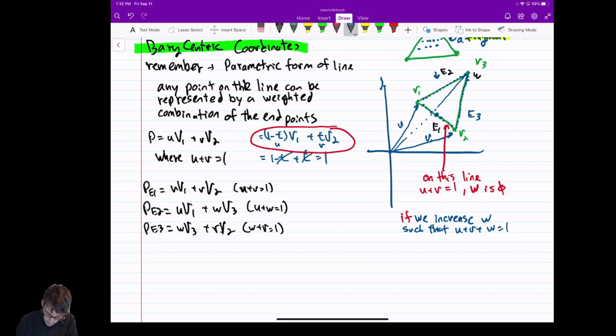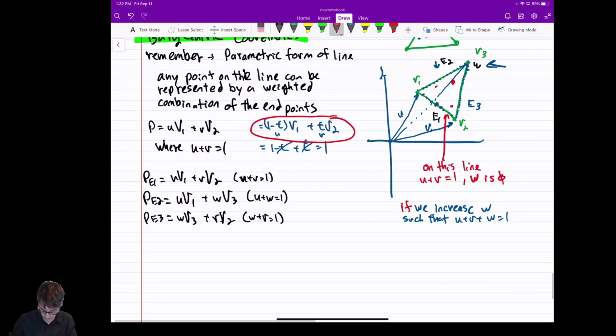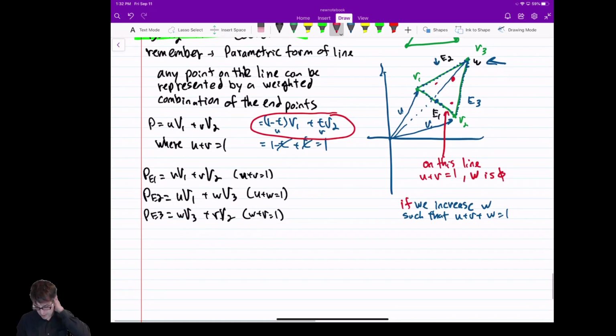So along this line, I have u plus v of 1, but w is 0. If I increase w, I'm adding more of that vector there, and I'll have to decrease u and v to make up for it because they have to add to 1. So what's going to happen is I'm going to get points inside the triangle. Wow, that's kind of neat. So if I increase w such that u, v, and w equals 1, I'll get points in that triangle.